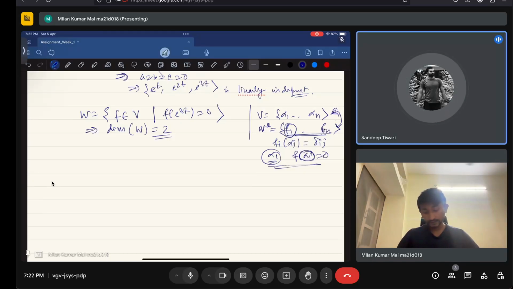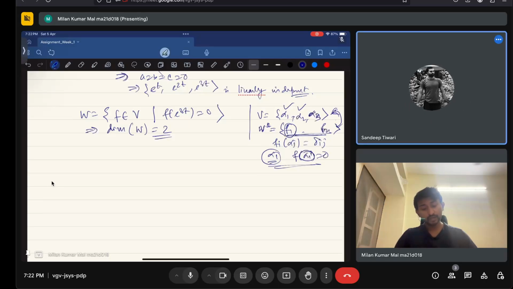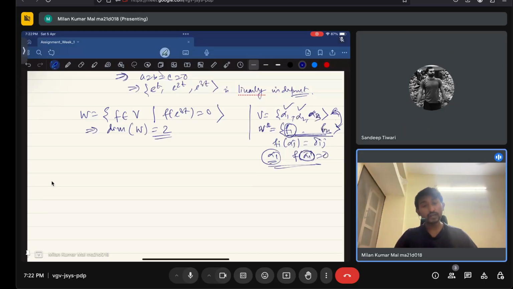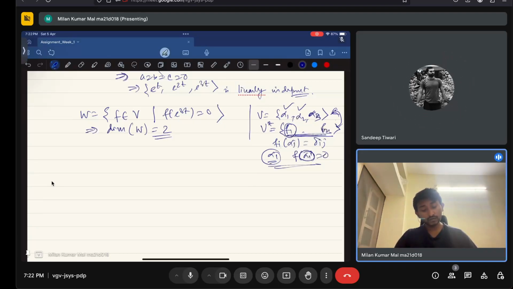Sir, we can form the basis of V, sir. Yeah, that way I am saying alpha 1, alpha 2, alpha 3 are bases, right? So now corresponding to this its dual will have 3 elements. Note that f1 is something which makes alpha 2 0 and alpha 3 0, but f of alpha 1 need not be 0, right?